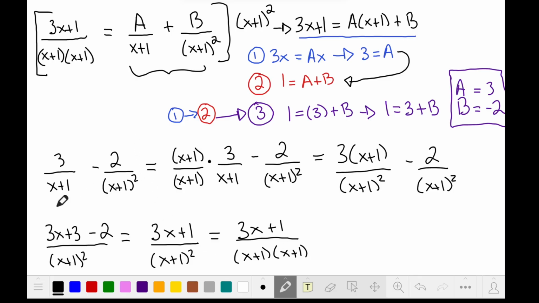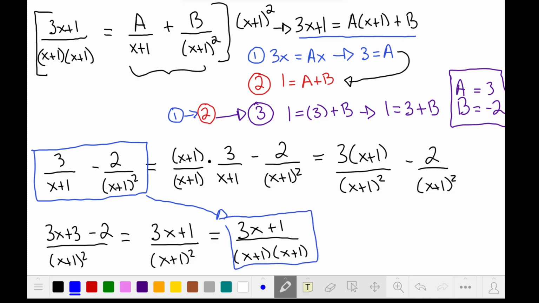And look at that. We took our two simple fractions, and once we combined them, we got the big ugly fraction that we started off with.